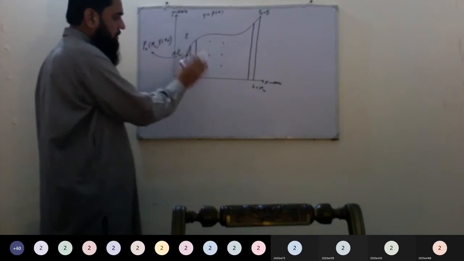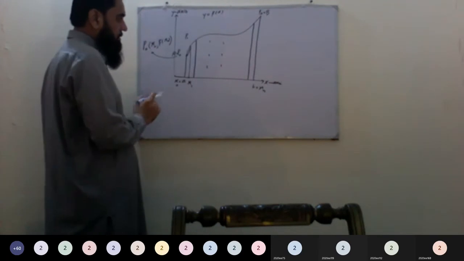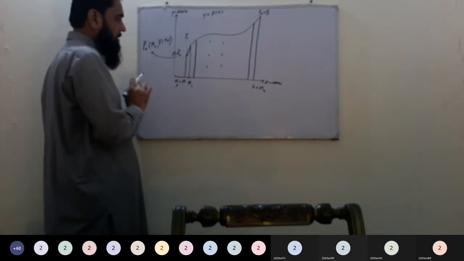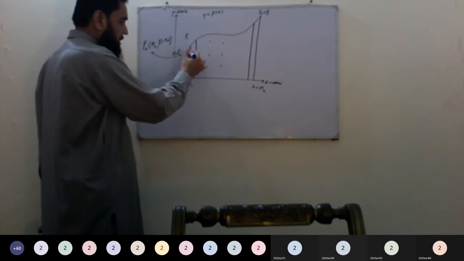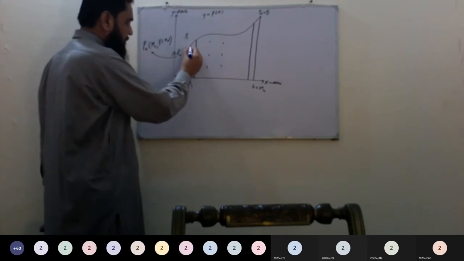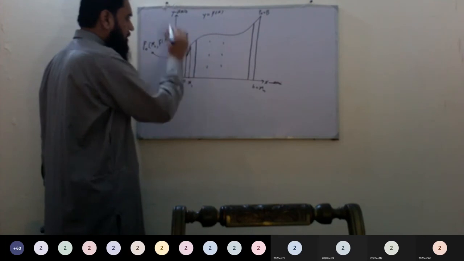We subdivide into small pieces over there. The first piece of the curve, the first piece of the arc, and corresponding to this arc, that one is going to be a chord length.